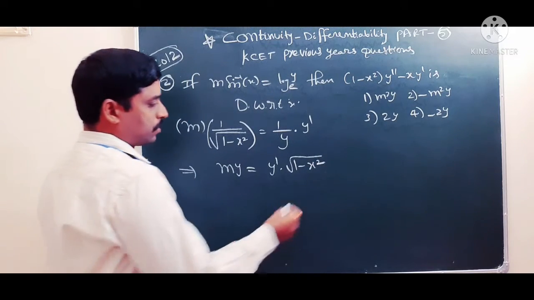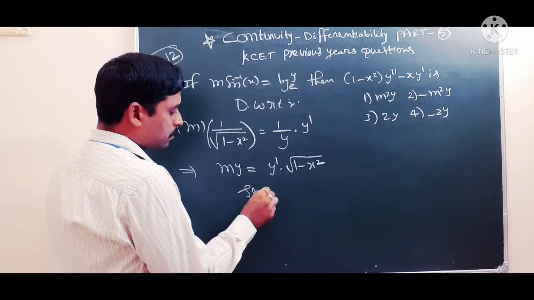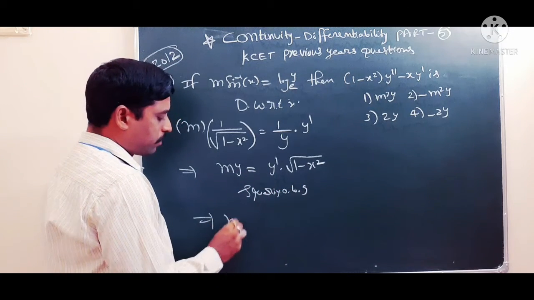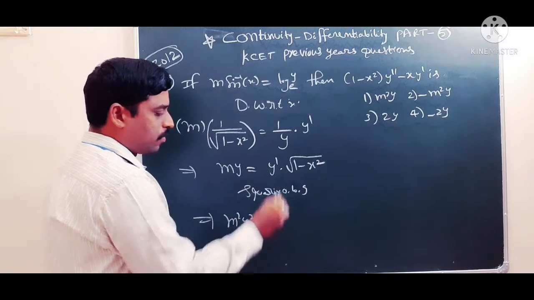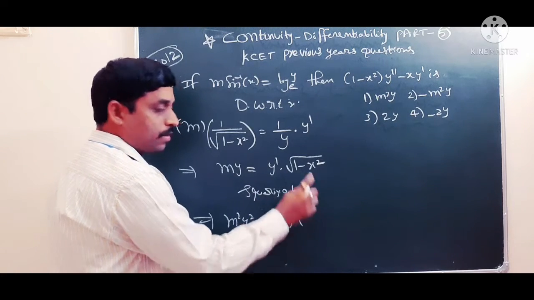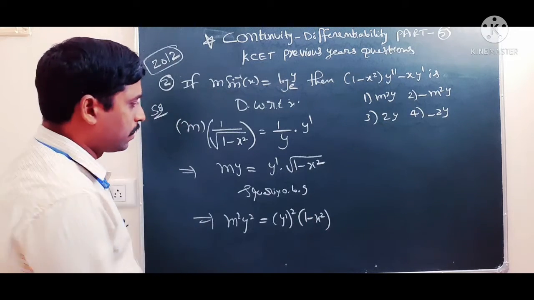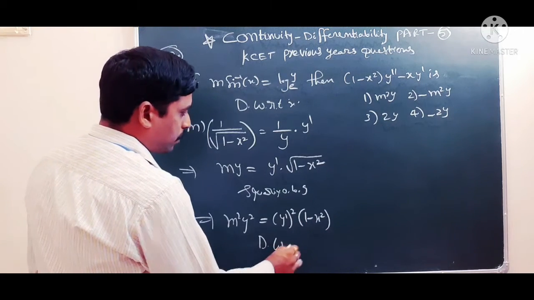Now squaring on both sides. This will be m square y square equal to y dash whole square into, this root gets cancelled, 1 minus x square. Okay, now derivative on both sides with respect to x.